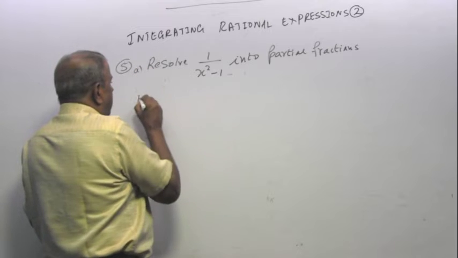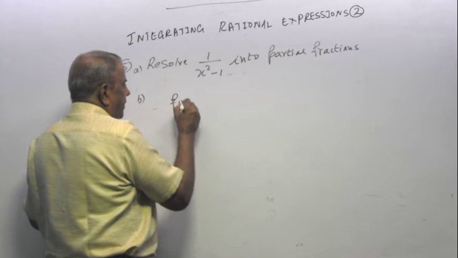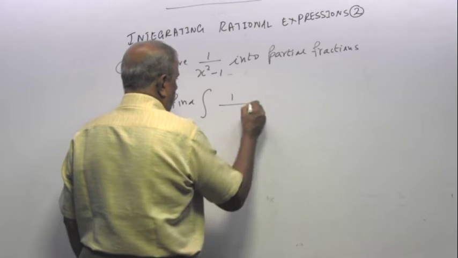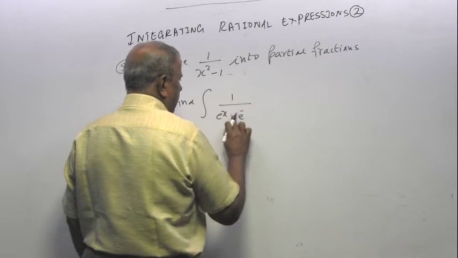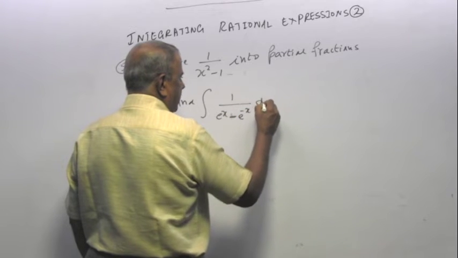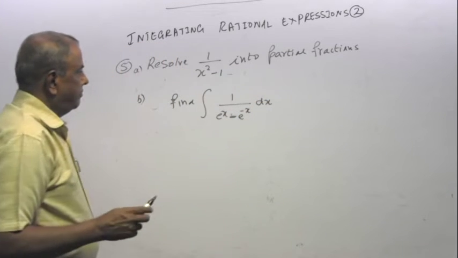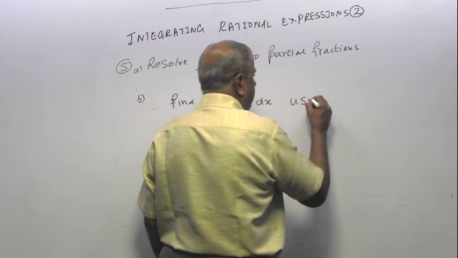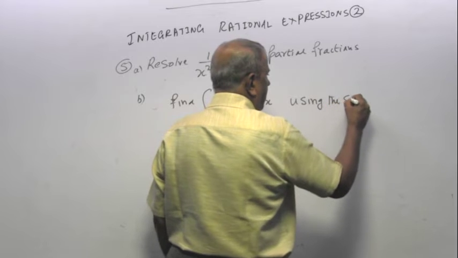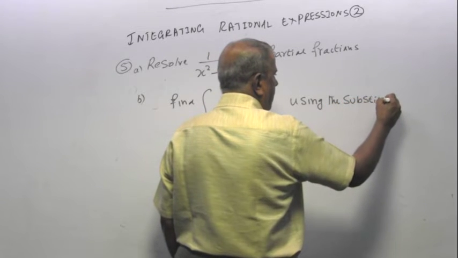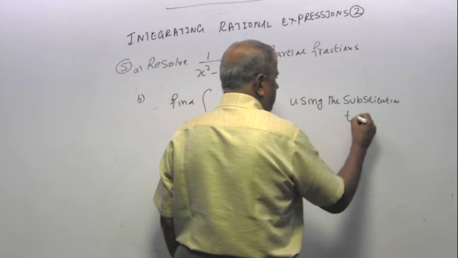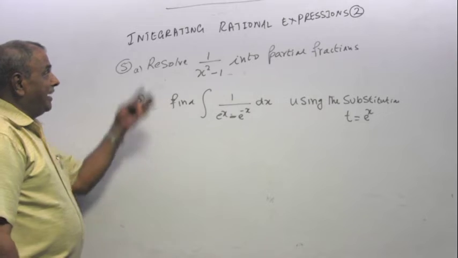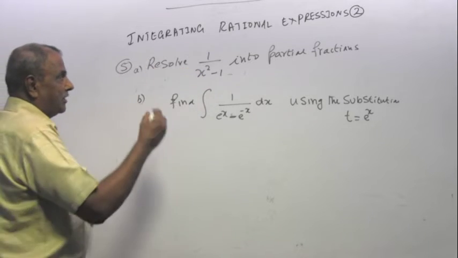Part A. Part B, find the integral of 1 over e power x minus e power minus x dx, using the substitution t equal to e power x. Where's the link between? Okay, let's do part A first.